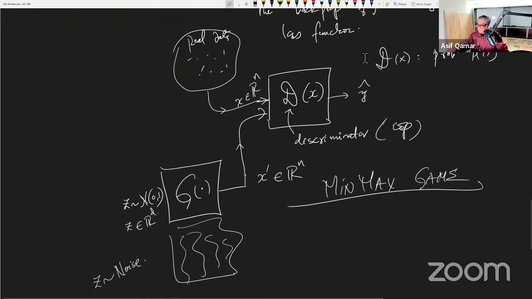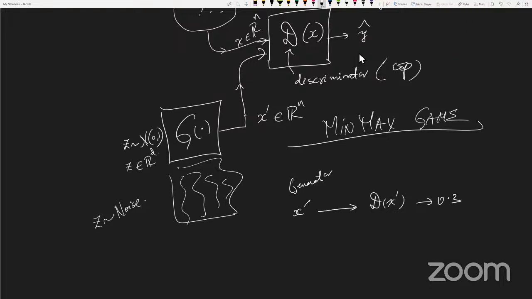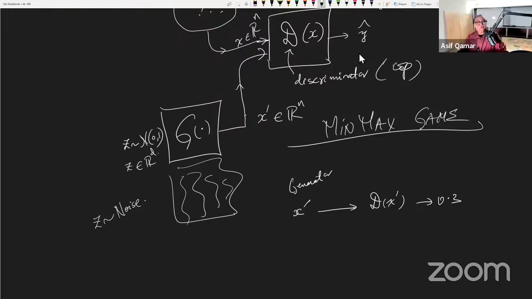See what happens. Think about it this way, Krishna. The generator produces this, and this goes into the discriminator. Suppose the discriminator produces a value and says 0.3. The cop is pretty sure it's not real, isn't it?